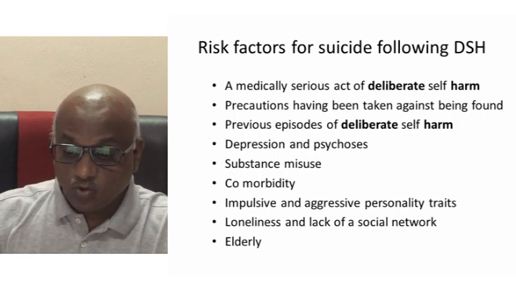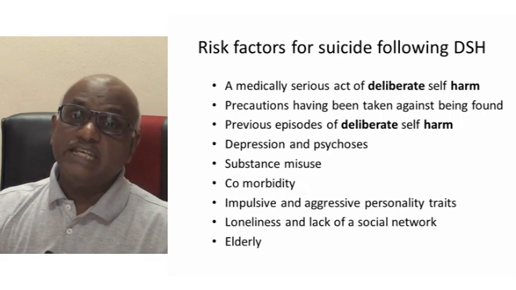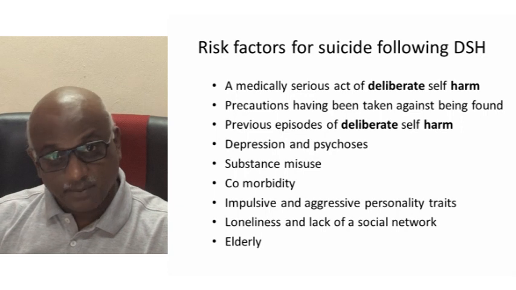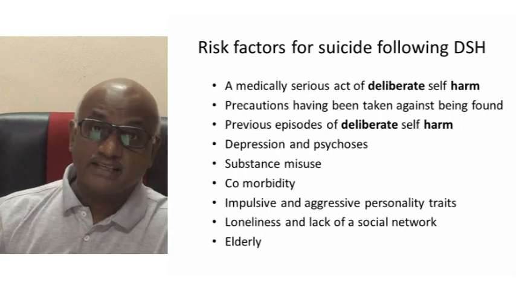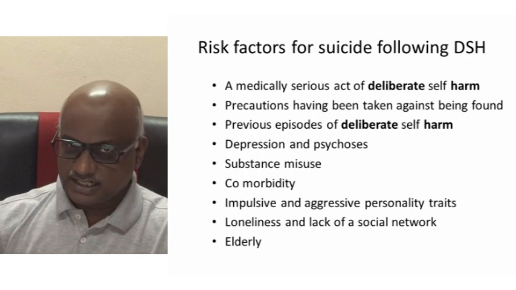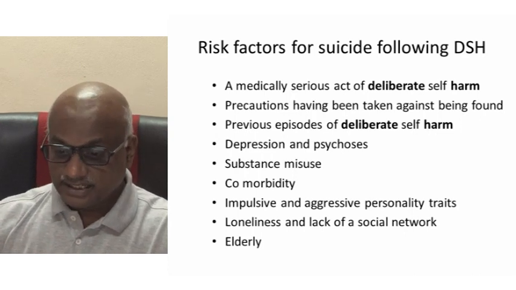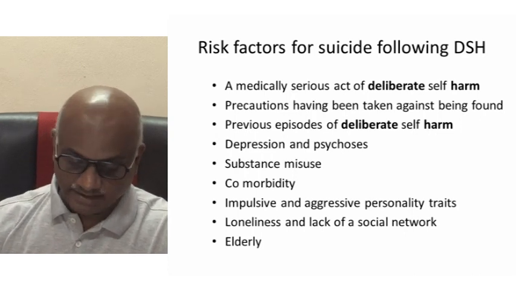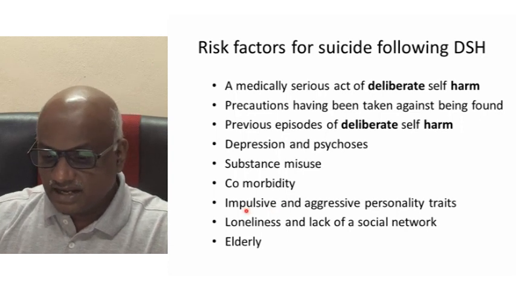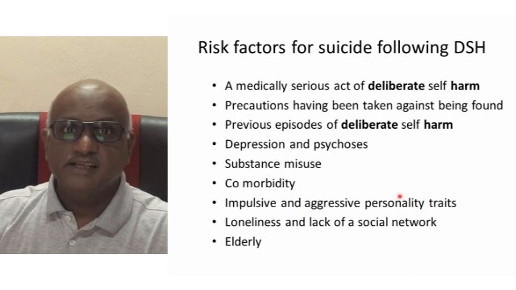Another factor is comorbidity. Comorbidity is where somebody has a personality disorder and a mental illness, or a mental illness and substance abuse. So, when we have 2 or 3 factors together in a person, then again the suicide risk is high.